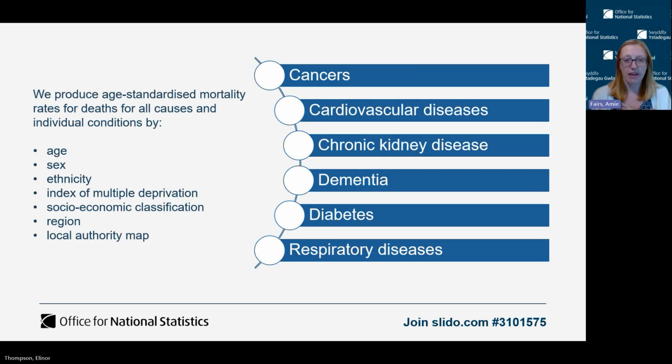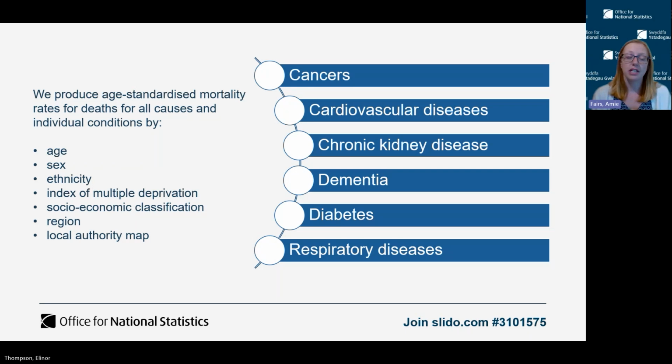So if we first think about the health conditions on the right-hand side, you can see some of the areas that were covered were different kinds of cancers, cardiovascular diseases, chronic kidney disease, dementia, diabetes, respiratory diseases, and actually there's a whole host of other different health conditions.